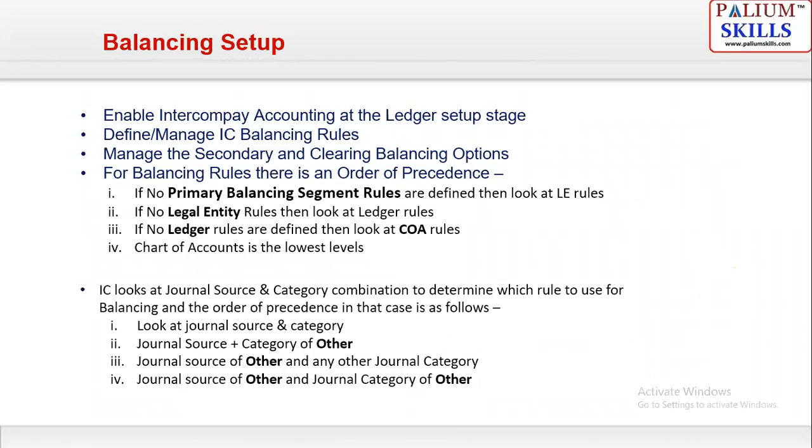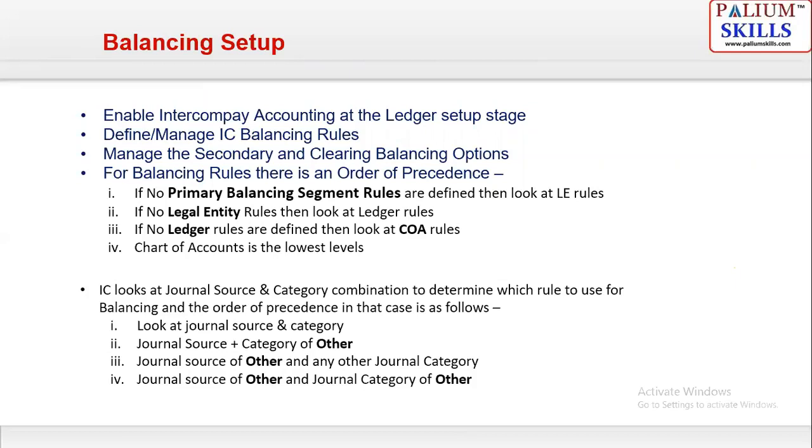As part of the setup, we will be enabling the intercompany account at the ledger setup stage. When we define the ledger options, there is a small checkbox, enable intercompany accounting. Not all companies require intercompany accounting, but if it is required, you can enable it at the ledger level.